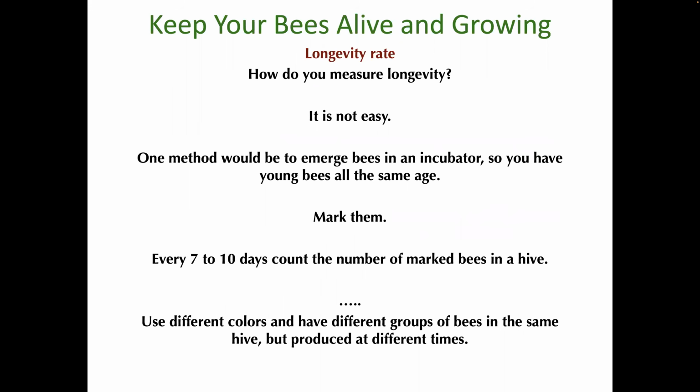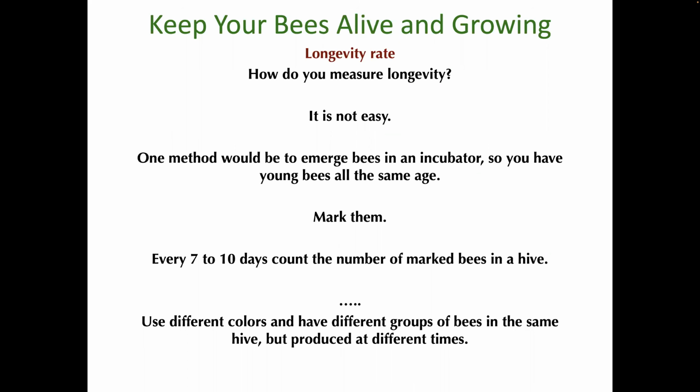So how do you measure longevity? It's not easy. You can set up a scientific study, and I'm not suggesting you do this, by the way. You emerge bees in an incubator and you mark them uniquely, with numbered tags or color combinations. Von Frisch did some of this. The people that did work with drone mating marked each drone with a different color pattern.